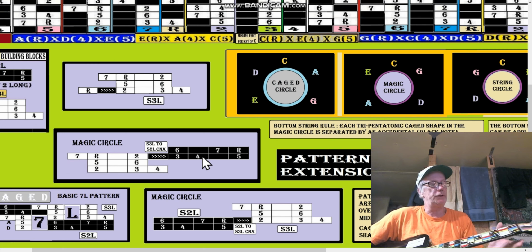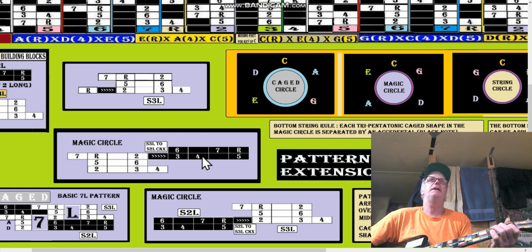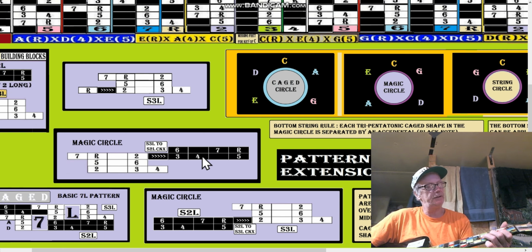We're not doing it all the way up in the D shape. Okay, that's 2, 3, 5, 6, root 2, and then 7, 2, 3, 5, and then a warped up 6 root.